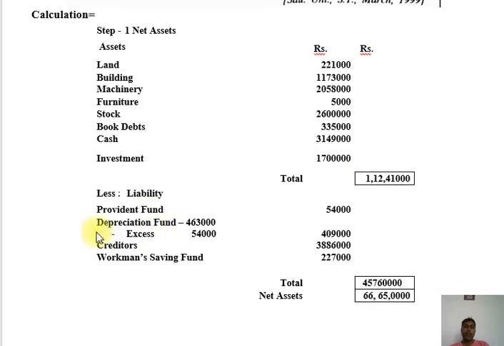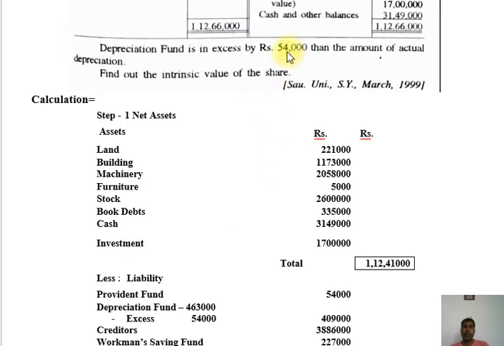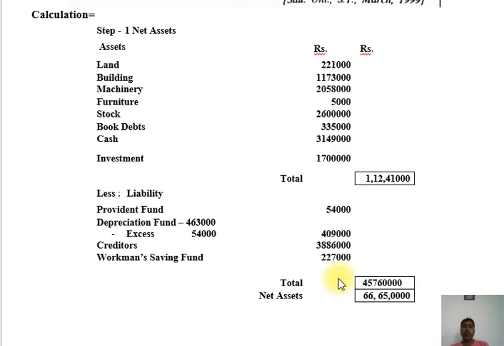Now list the liabilities. Provident fund 54,000, depreciation fund 4 lakh 63,000 minus excess 54,000, that is 4 lakh 9,000, creditors 38 lakh 86,000, workmen savings fund 2 lakh 27,000, total 45 lakh 76,000. Now find out net assets. 1 crore 12 lakhs 41,000 minus 45 lakh 76,000, so net assets is 66 lakh 65,000.